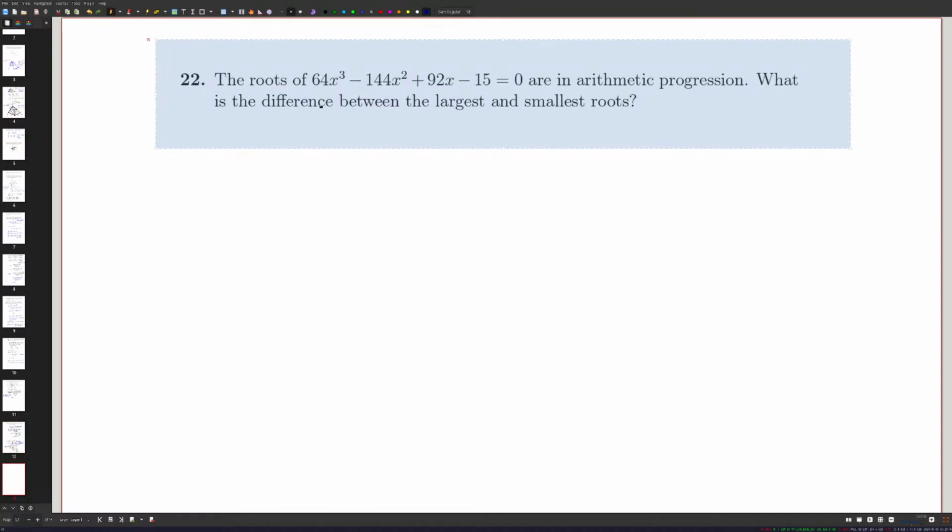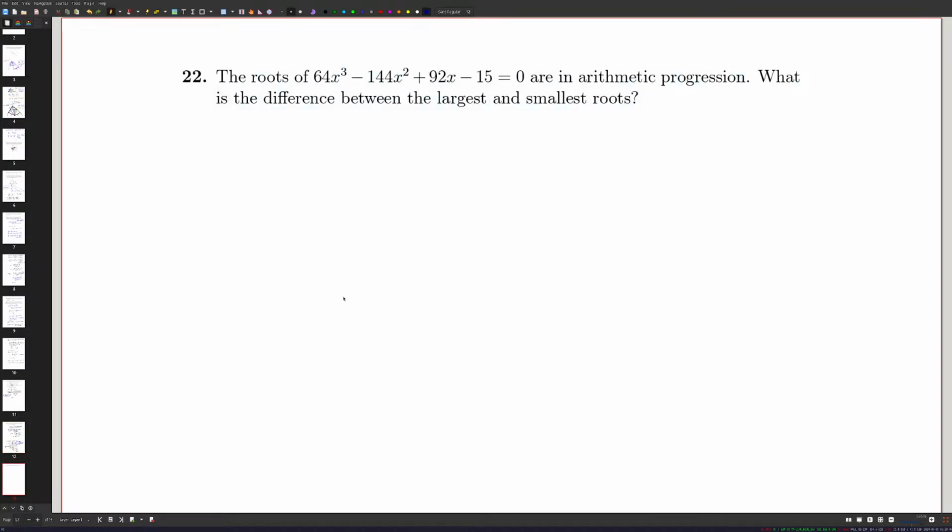Another question. Let's look at it. The roots of 64x cubed minus, oh goodness, that horrible thing, are an arithmetic progression. I don't know.